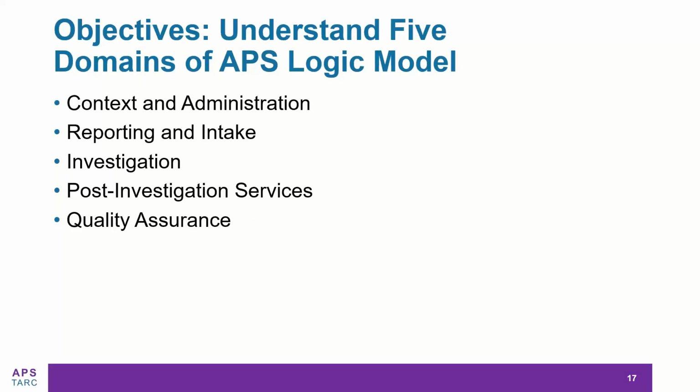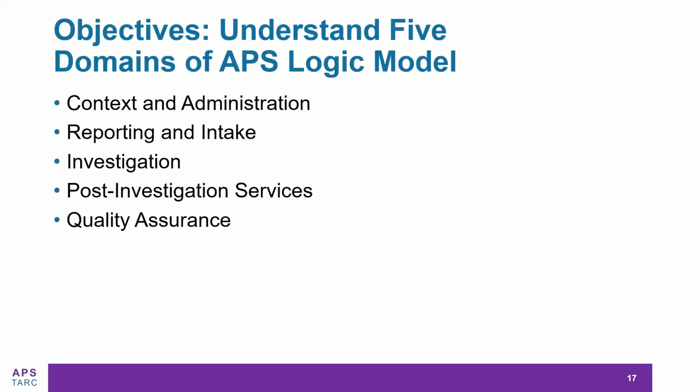I don't know if Carl mentioned this earlier, but our main 5 domains of APS that we've been looking at are context and administration, which is the big picture of how the state is administering APS. What does reporting and intake look like, in terms of who's responsible for what and what the different criteria are?